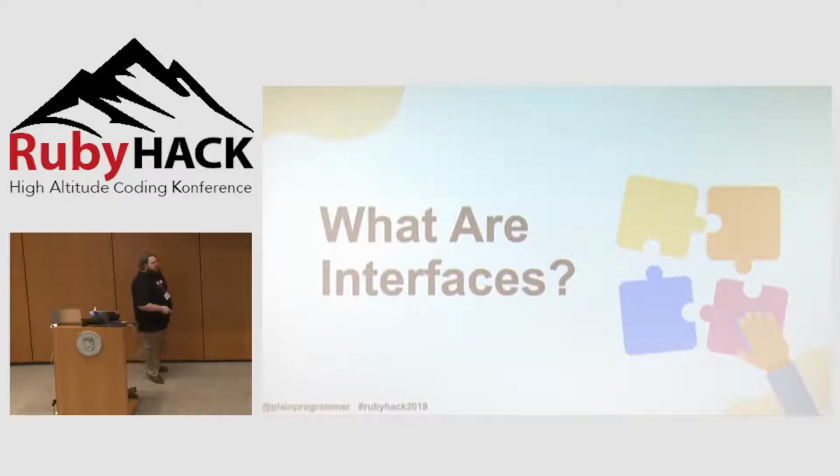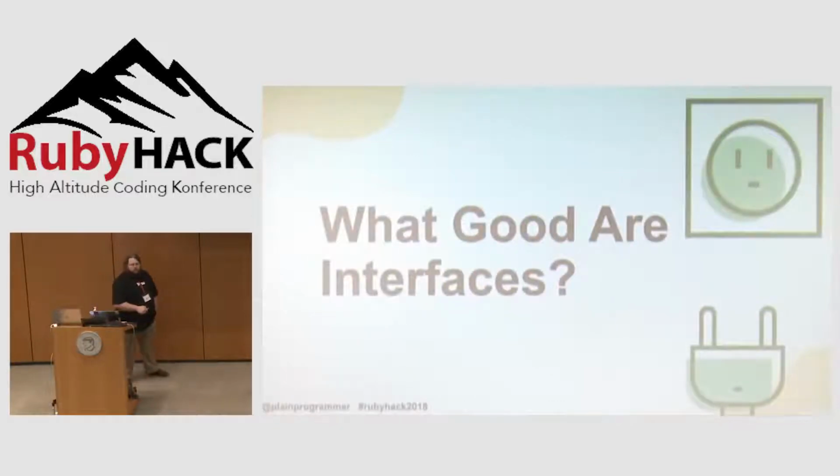And in many languages, we have the concept of formal interfaces, whether you're coming from Java, whether you're coming from Go. Many languages have this concept of formal, contractual interfaces that actually ensure a measure of type safety. And so this raises the question of what are interfaces good for?